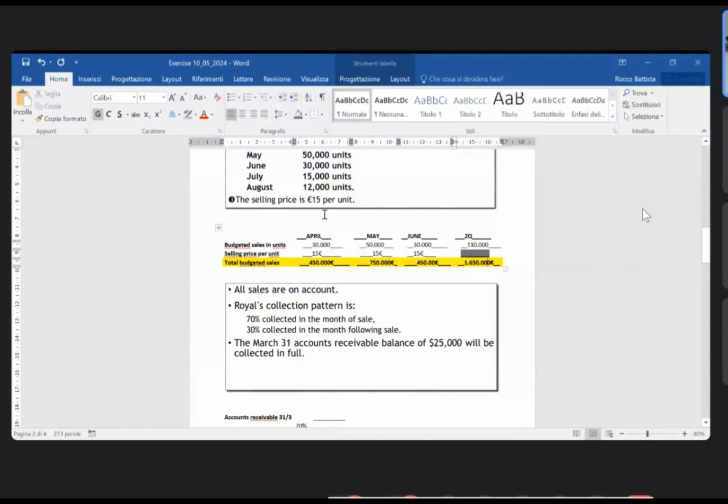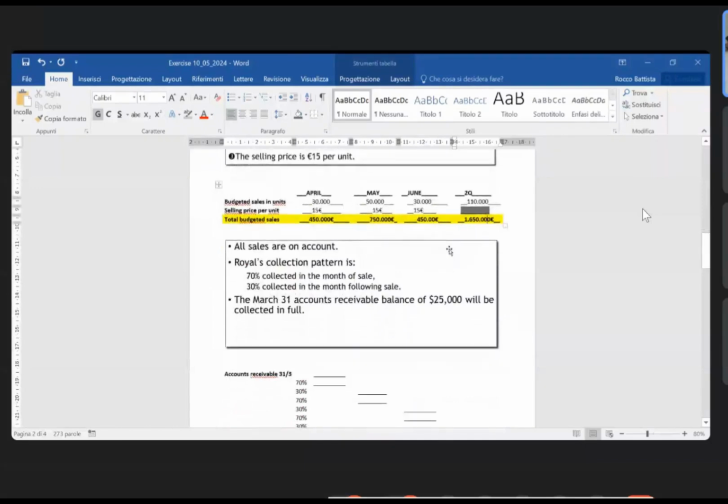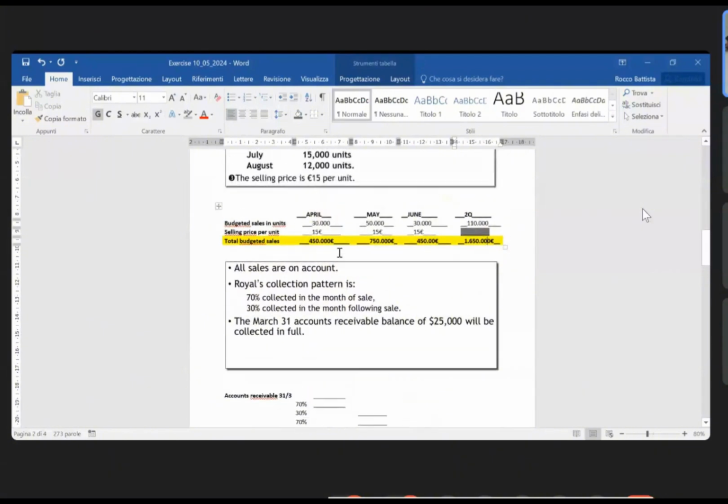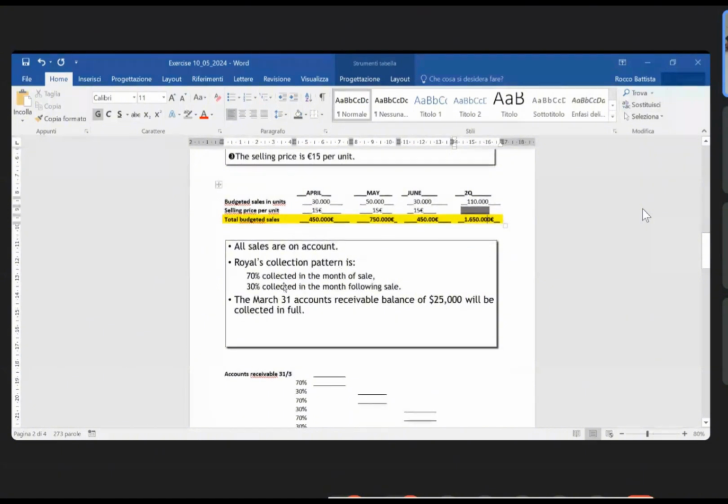So this is the first part of the exercise, but the exercise is not finished because you have the second part. Now you know that you have sold 30,000 units multiplied by the selling price, but not all your sales are paid in the same month you sell the item.